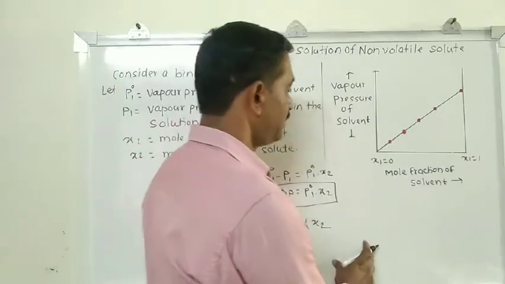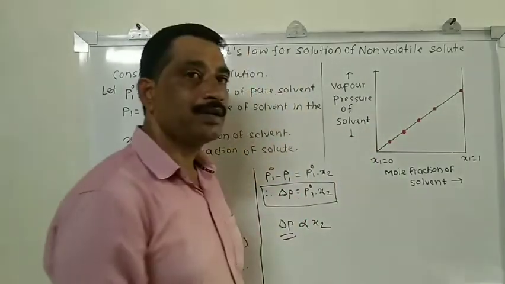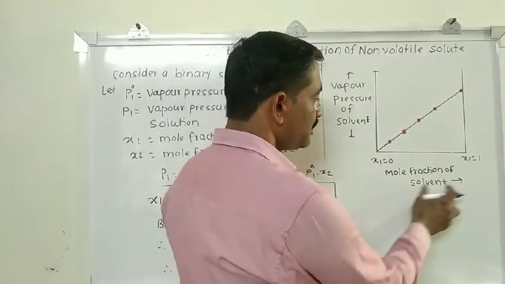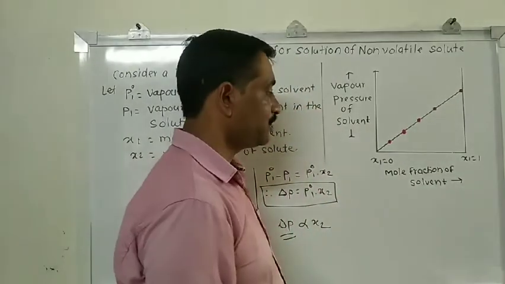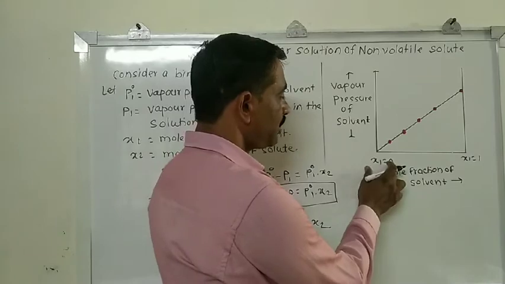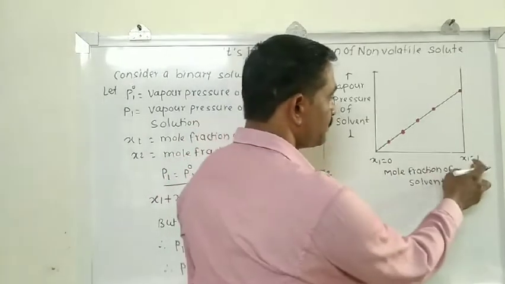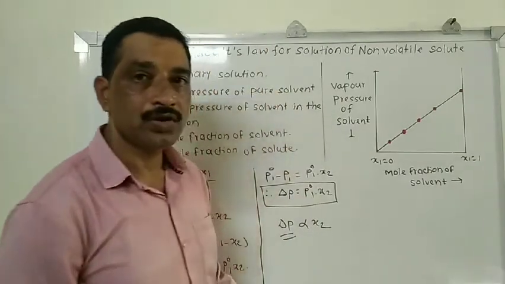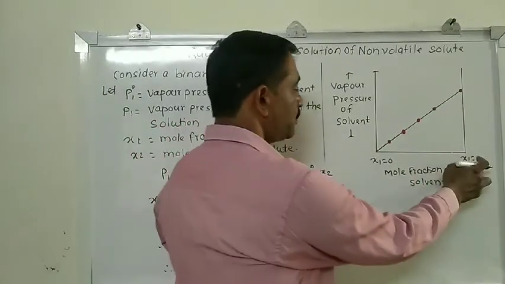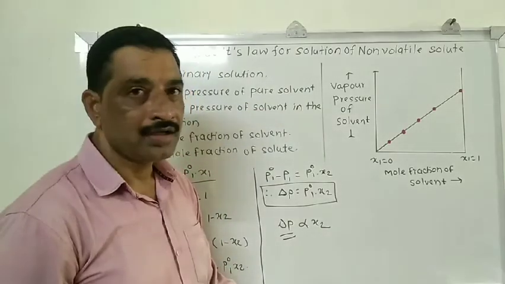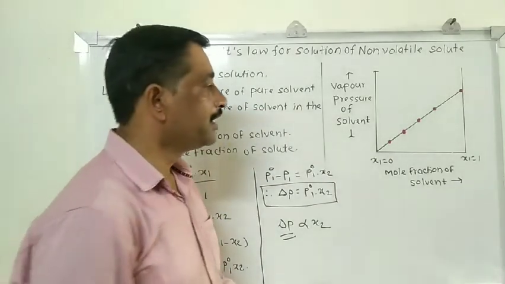So when you consider here the graphical presentation of vapor pressure of solvent against the mole fraction of solvent in the solution, initially the mole fraction of solvent is considered here 0, as mole fraction of solvent goes on increasing from 0 to 1, then the vapor pressure of solvent in the solution also goes on increasing.